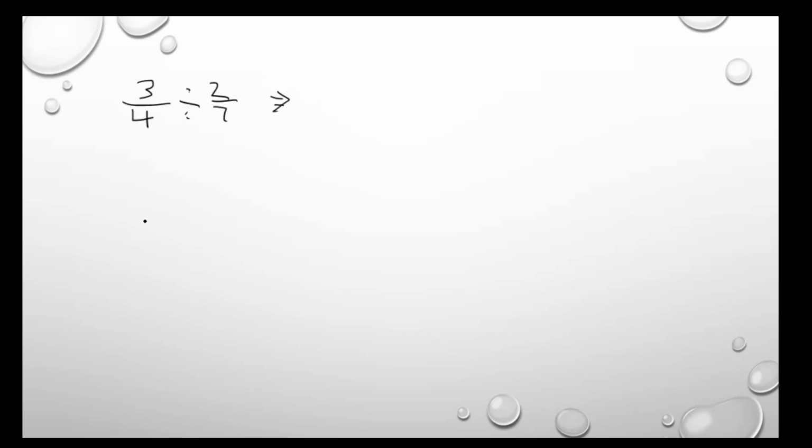And then I'm going to show you that I could have gotten the same result if I would have just flipped or multiplied by the reciprocal. So I got to change this for a common denominator into 28ths. So 3/4 times 7/7 is 21/28.